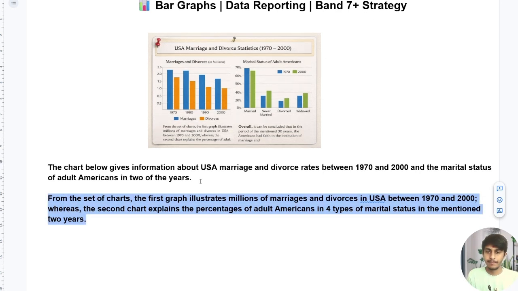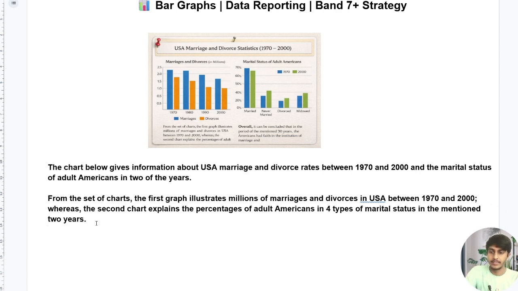So now our body paragraph 1 is complete, and now let's move to body paragraph 2.